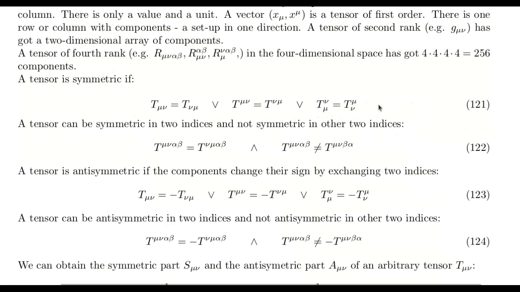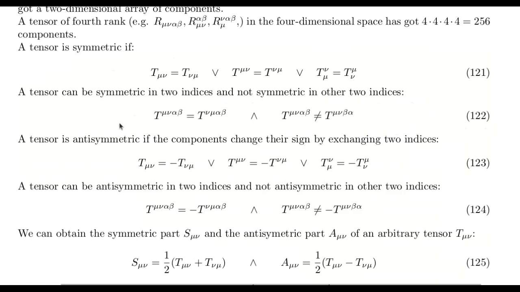Then a tensor can be symmetric in two indices and not symmetric in other two indices. If we have a tensor T with 4 indices, in four-dimensional space, then if we exchange nu and mu, we have a symmetry. But if we exchange alpha and beta, then the values are not the same.